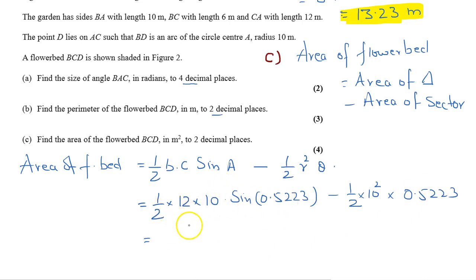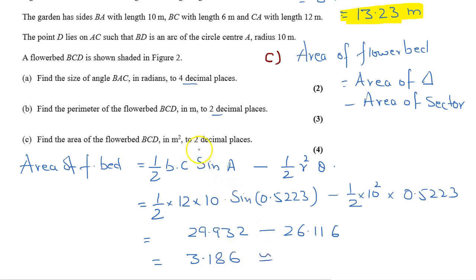So if you calculate this, you will get 29.932 minus 26.116, which is 3.186.